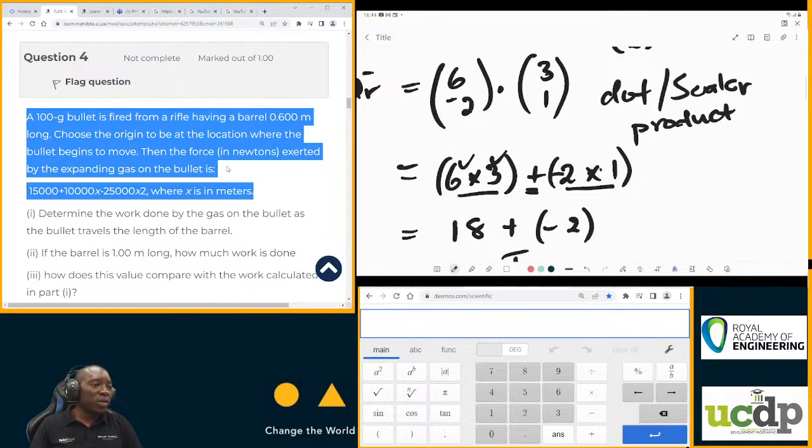Then the force in newtons exerted by the expanding gas on the bullet is... So we have a 100-gram bullet from a 0.6 meter long rifle. The question is, what is the force in newtons exerted by the expanding gas on the bullet?